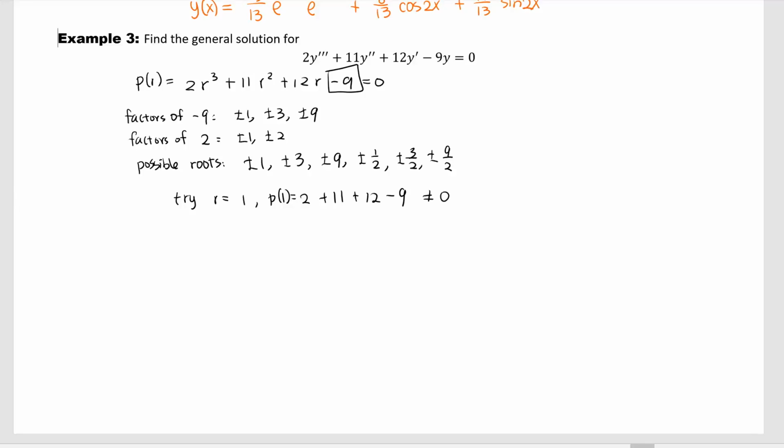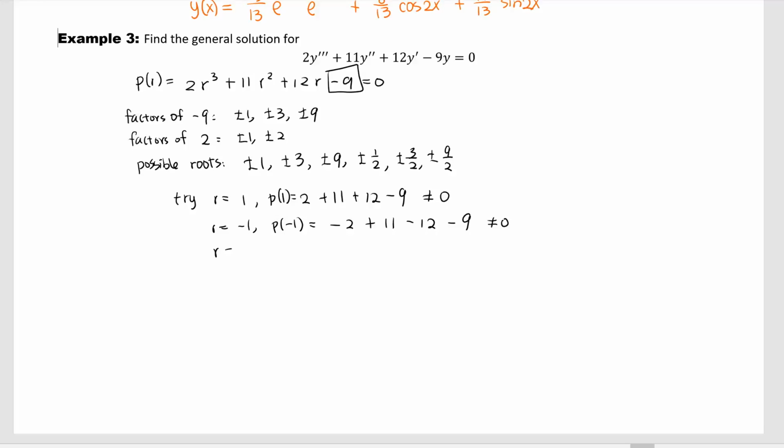Obviously, that's not 0. Okay, next. P of negative 1 is negative 2 plus 11 minus 12 minus 9. The answer is negative, so not 0.